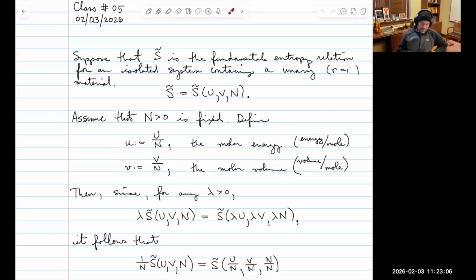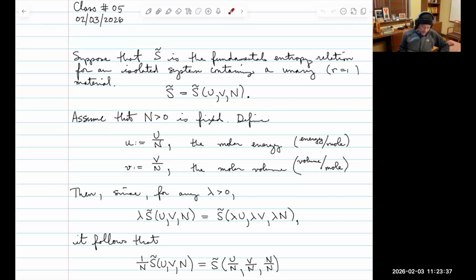The starting point is the fundamental entropy relation. We could start with the fundamental energy relation as well. To keep things simple, we're going to consider a unary material. So that means that the number of species is exactly equal to 1. Now, we can generalize to more species, but it's not so clean, so we'll use this very simple case.